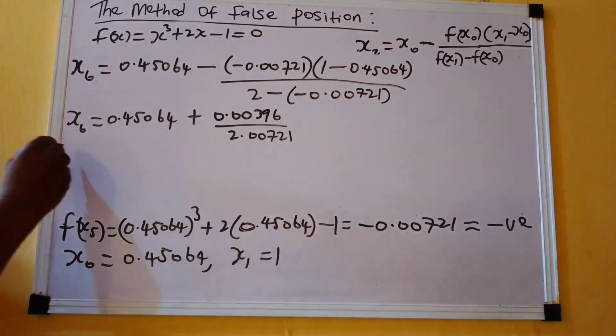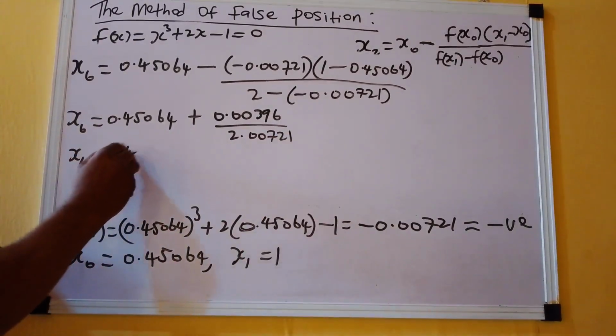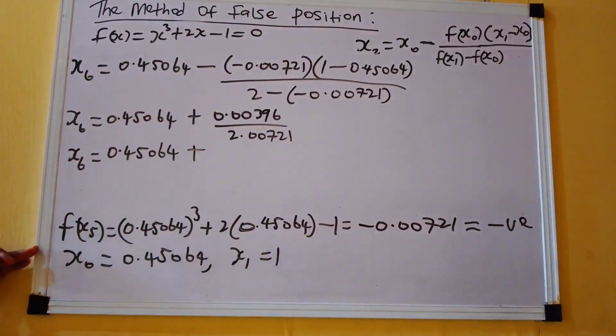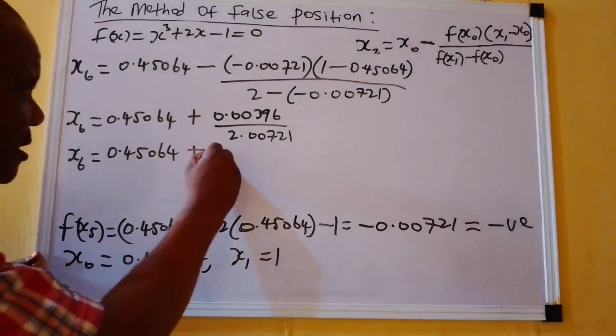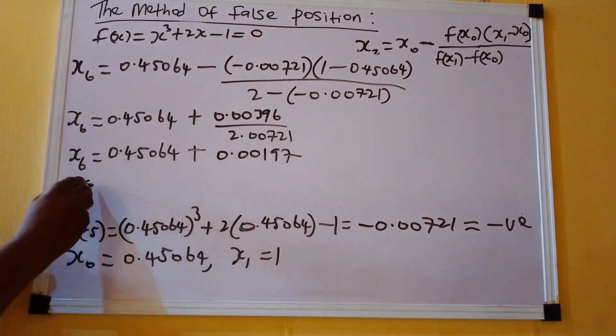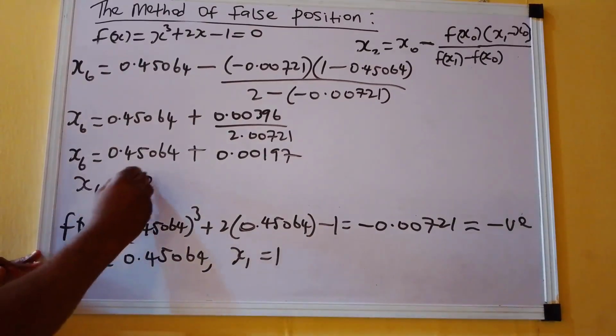So when you divide this, you are going to have your x6 is equal to 0.45064 plus 0.00396 divided by 2.00721 is 0.00197.